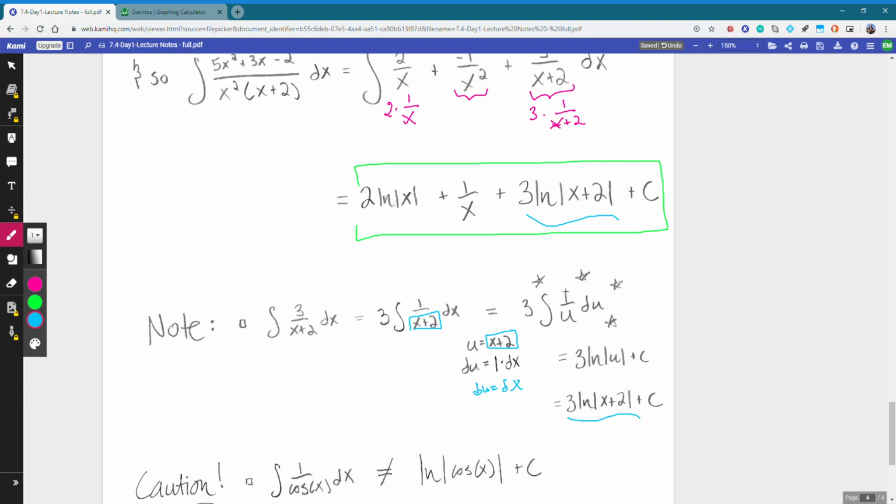I have this 1 over u starred because this is really why we get an antiderivative involving natural log. We want to be careful that we don't think that any time we have something in the denominator, we get a natural log antiderivative.